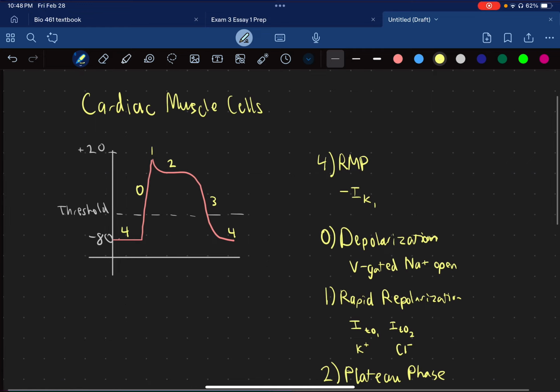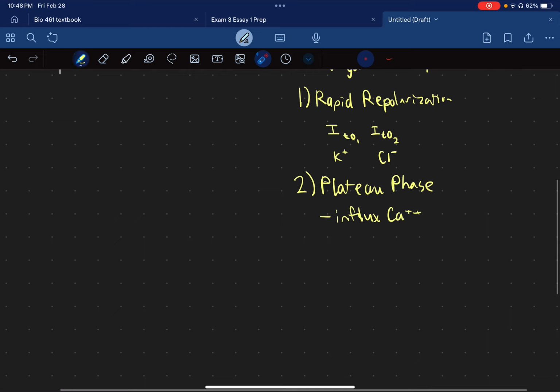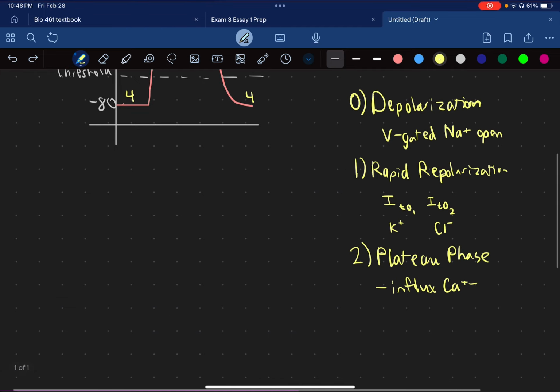And then there's calcium coming in, but eventually more potassium channels actually open up, and they're going to outweigh the calcium channels. We're going to have this third phase right here, which is called repolarization. I'll write that up here. Repolarization.